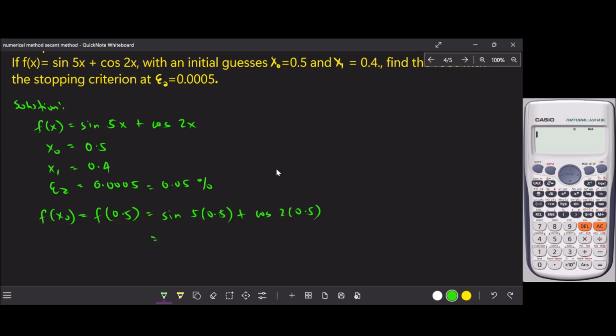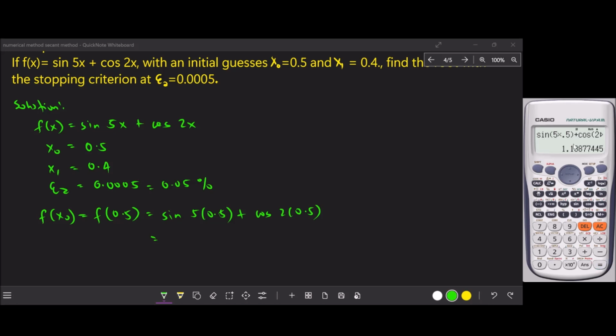Using our calculator, we put it in radians. We compute sine of 5 times 0.5 plus cosine of 2 times 0.5.